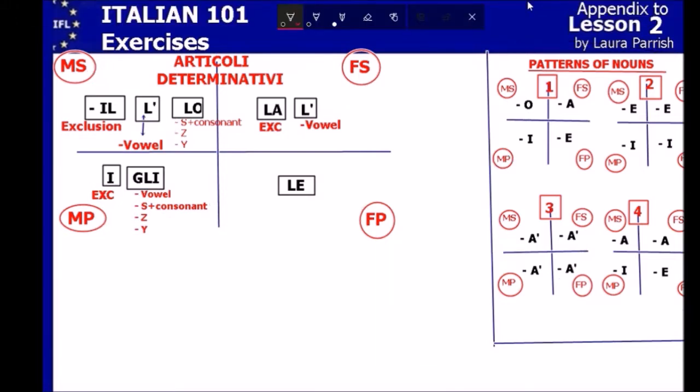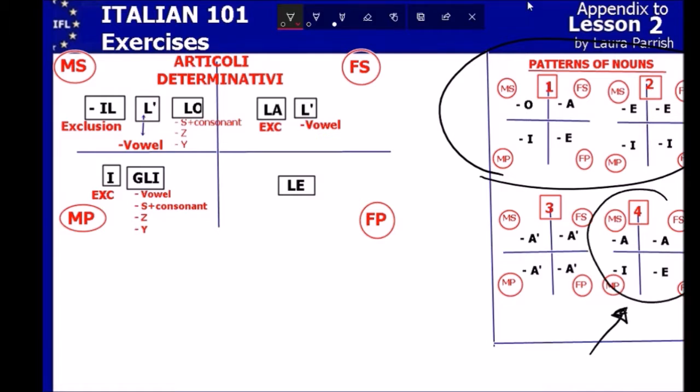Okay, so now let's do some words. Remember, those are the most common. Just do some words in this last pattern here. For example, barista. Barista can be man or woman. They both end in a, see?